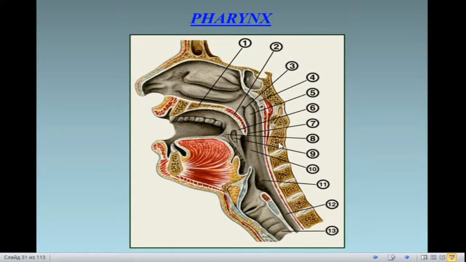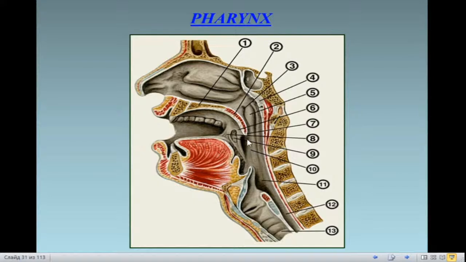The mucous layer is very interesting because in the pharynx it has a very sensitive epithelium that causes sneezing, coughing, and sometimes suffocation. So it provides us reflexes to any unpleasant situations.